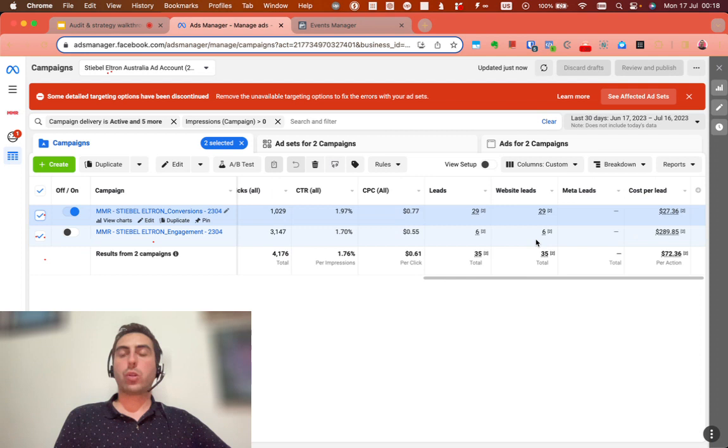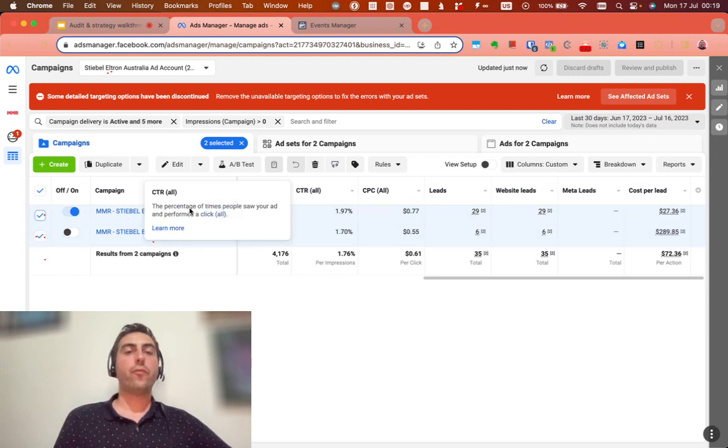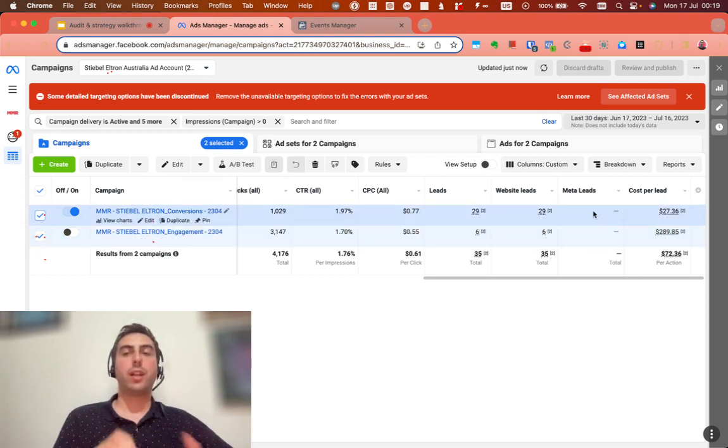And what we are seeing is, well, we've got a really high cost per conversion for the engagement campaign and a low volume of leads coming through. We've got 6 leads and a $290 cost per lead. So that's really quite high. The conversion campaign instead is performing a lot better.